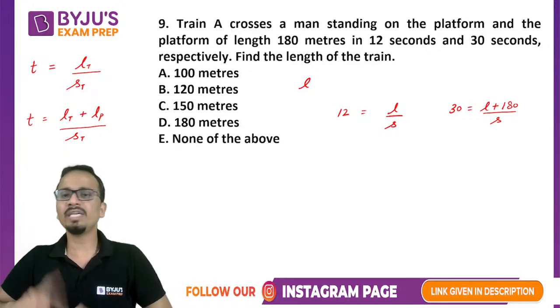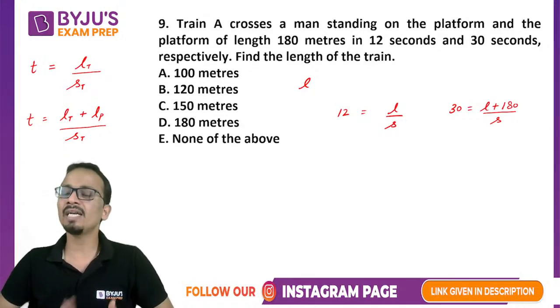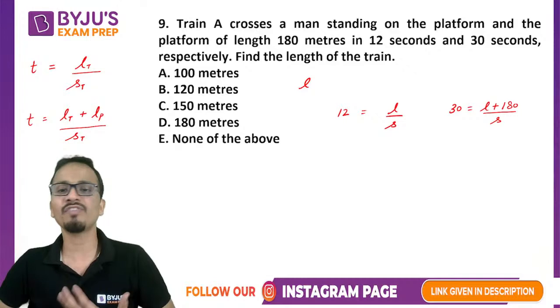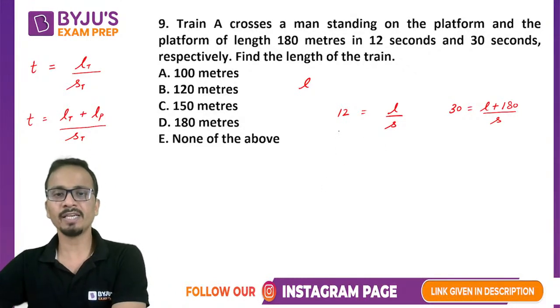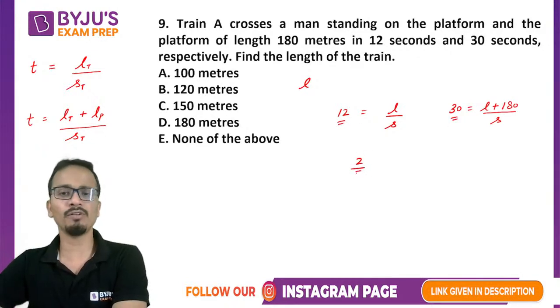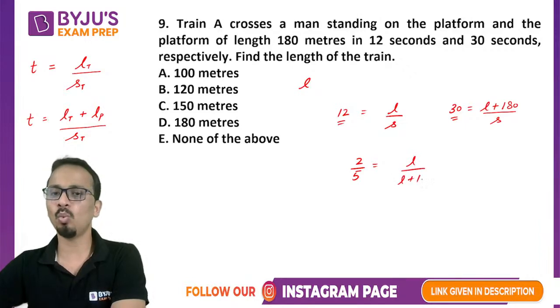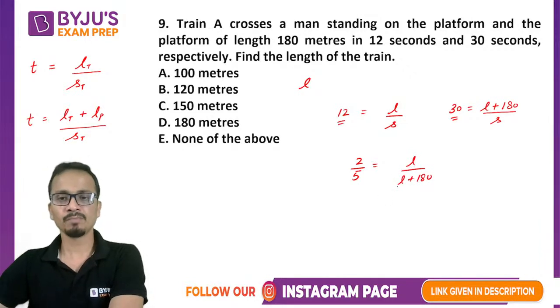Now what we'll do is divide these two equations and we will get the value of length because s will cancel out. So दोनों को divide कर देते हैं. 12 divided by 30, that is 2 upon 5, is equal to L upon L plus 180. Alright, so this will give you 3L is equal to 360.